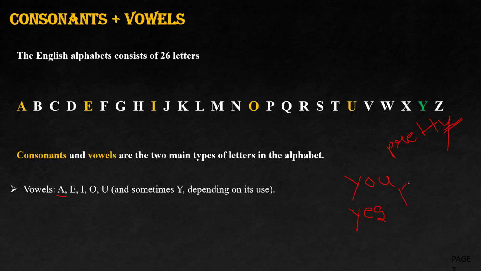Then we have bicycle, B-I-C-Y-C-L-E. Bicycle. Here it becomes I. These are a few examples where Y also becomes a vowel depending on its use.